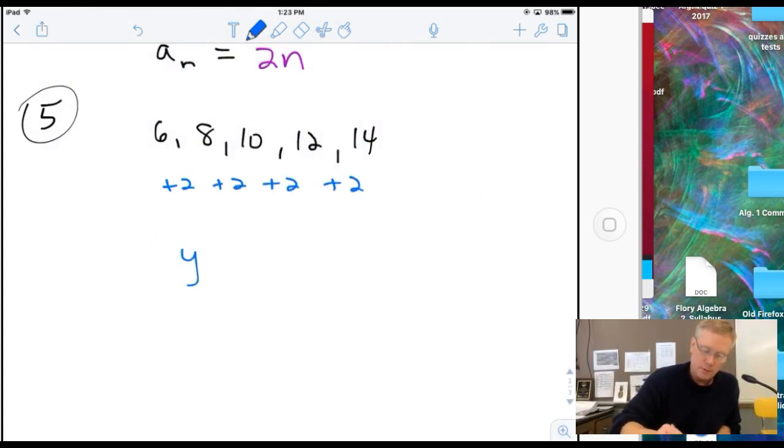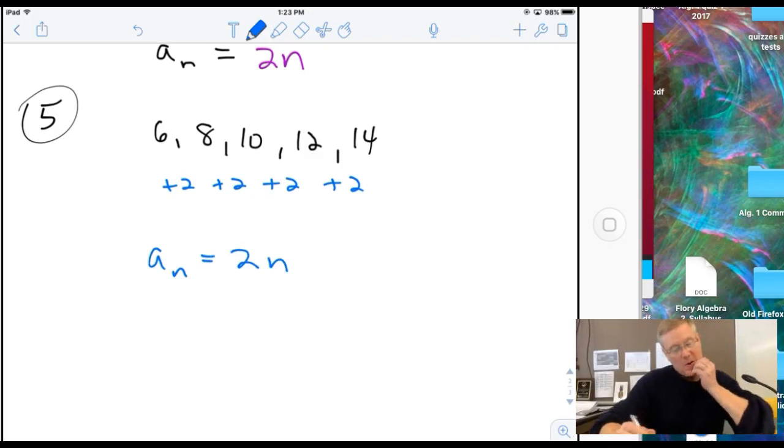So you can start by going a of n equals 2n, right? Now, that takes care of the spacing. The problem is it doesn't start in the right place. Like I said, if I plug in 1 for n, I should get 6. But 1 times 2 is 2, which means you got to add some stuff or change it around.